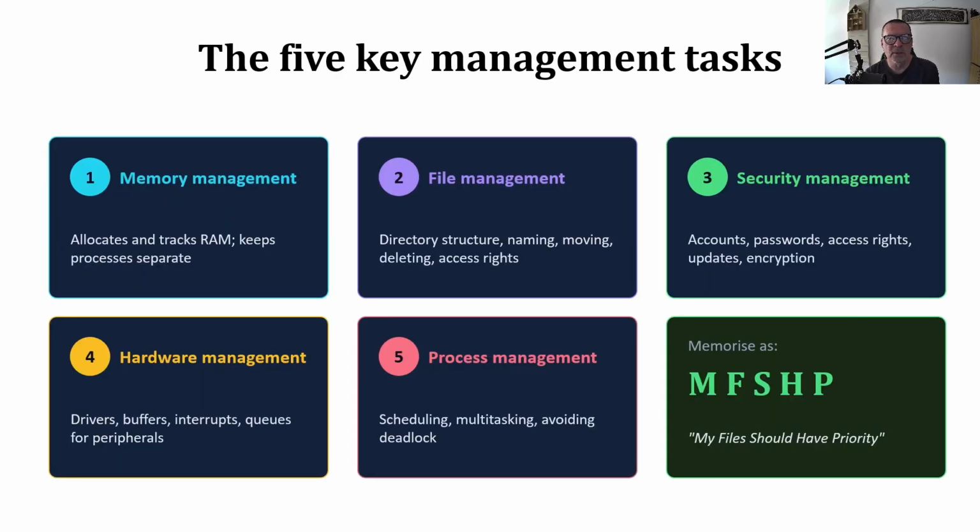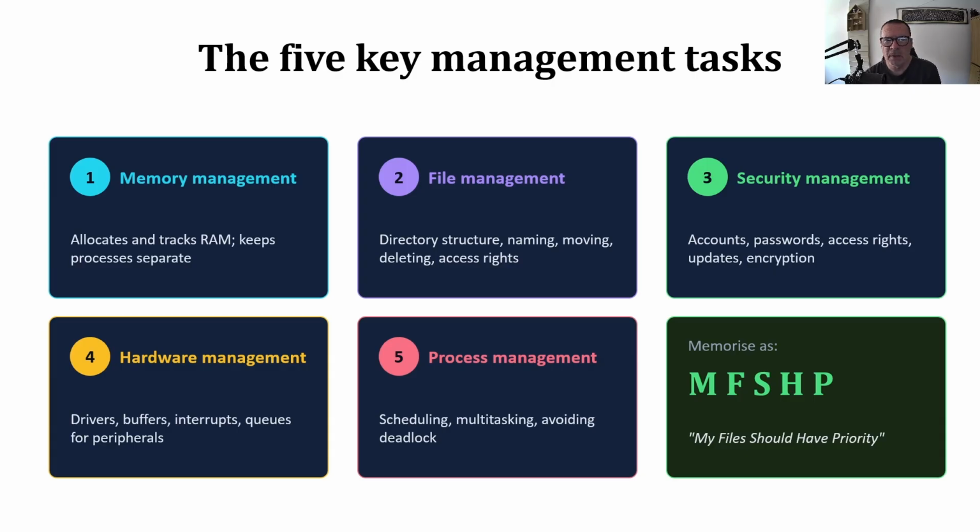So operating systems have 5 main tasks that you can list. These are memory management, allocating RAM to processes that are running, keeping the RAM safe and separate between those processes, tracking where things are in RAM. File management, looking after directory structure, naming files, moving, deleting them, and maintaining access rights to files, like defining what the access rights are.